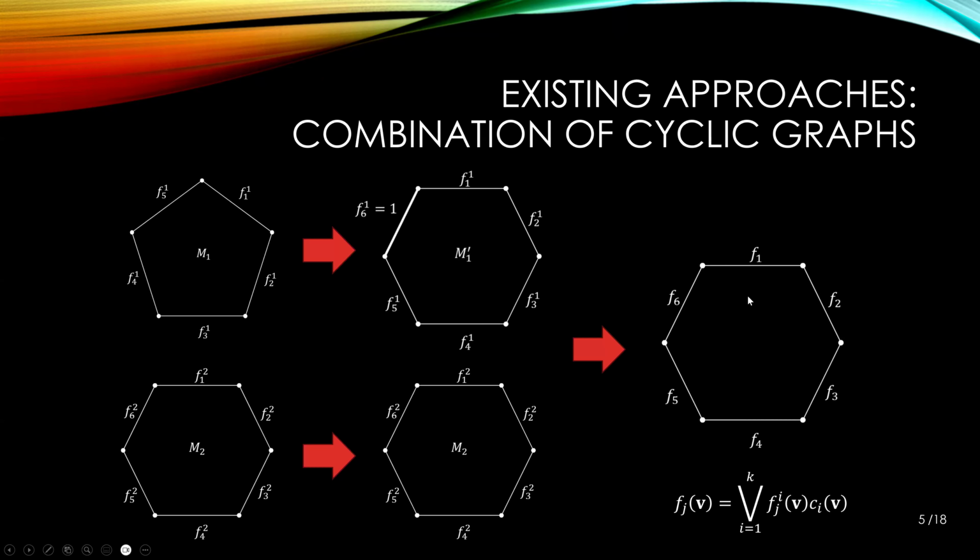Here we can see the model. Here the models are based on the same graph structure, and the final model is also based on the same graph. And the edge functions of such a model are constructed according to the expression presented here on the slide.